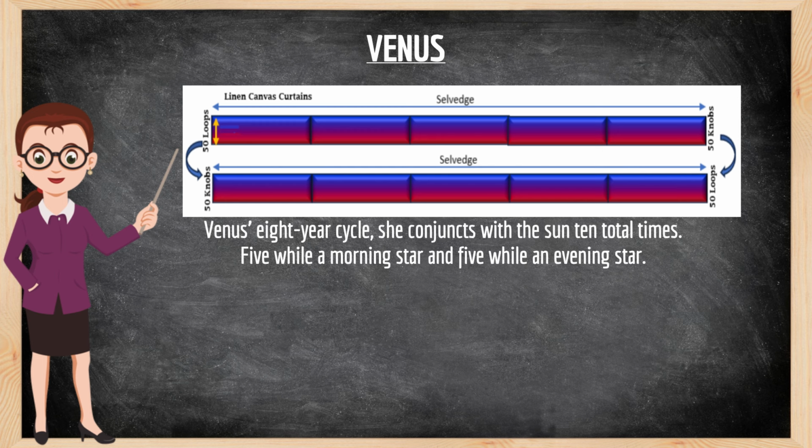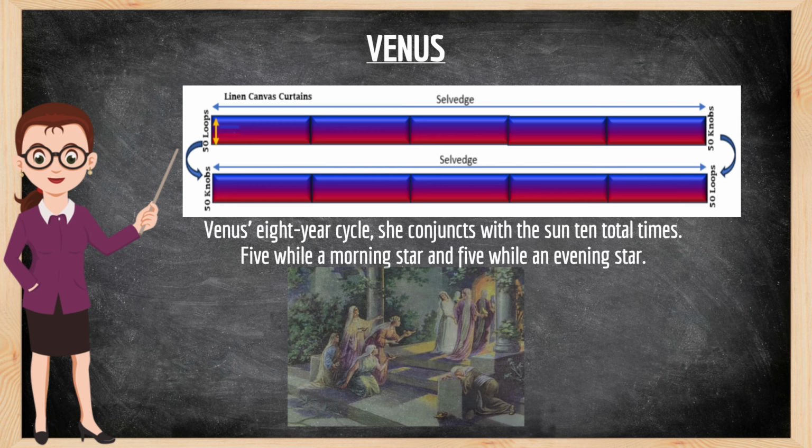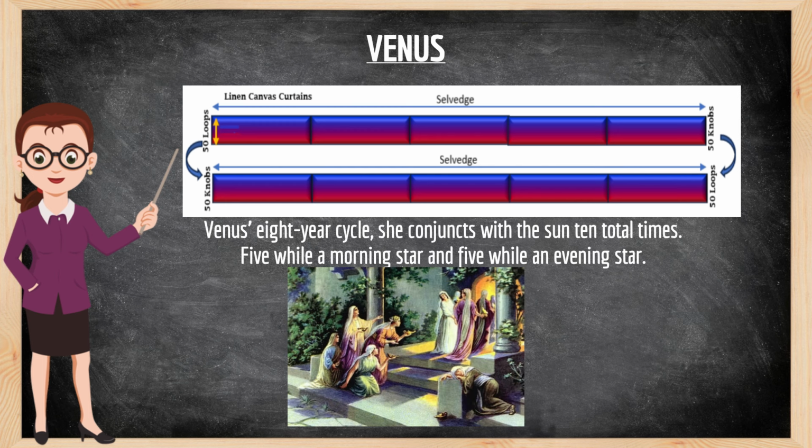We find this paralleled in the tale of the 10 virgins. 5 were prepared and kept their lamps burning bright, and 5 were unprepared, not having enough oil in their lamps, and they went dark. The bright morning star and the dark evening star.